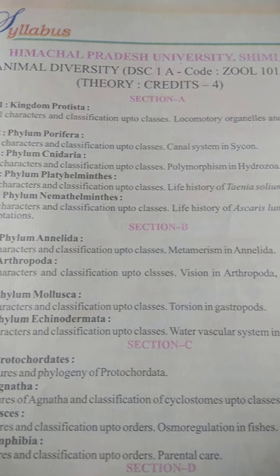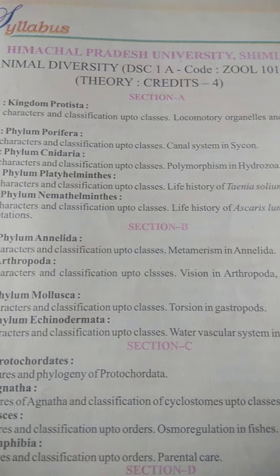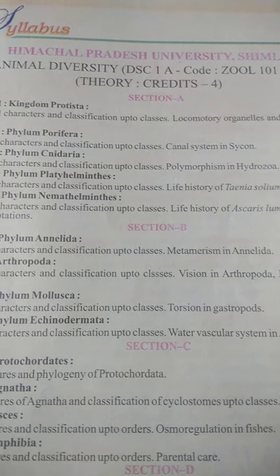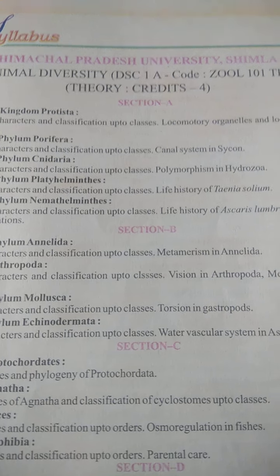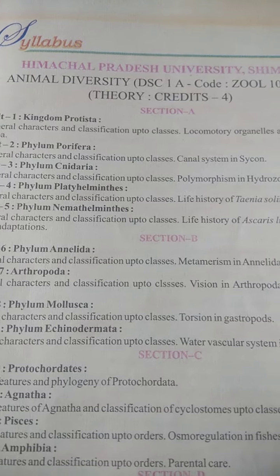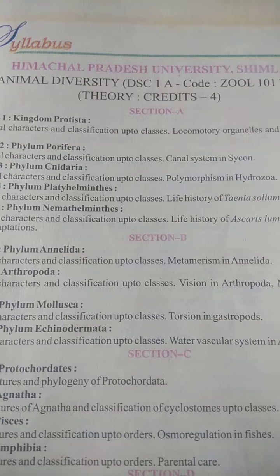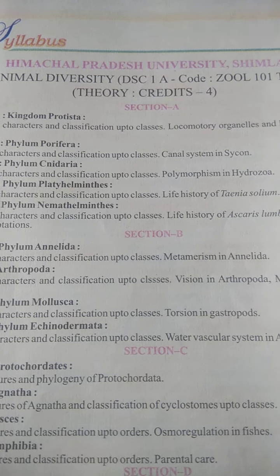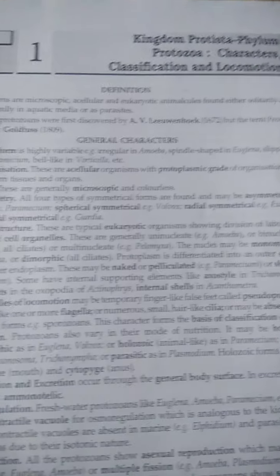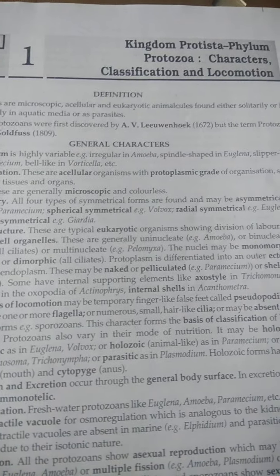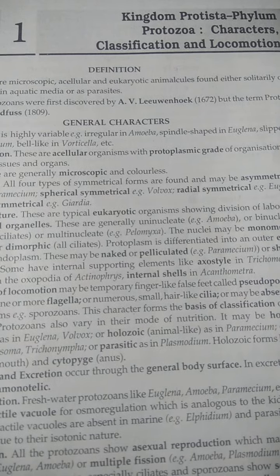So mostly it is like this only, and the paper is quite interesting and very scoring also, and you are going to learn a lot in this paper. This paper is for 50 marks. We have practical papers also. I'll tell you about that later on, but let us begin with unit 1.